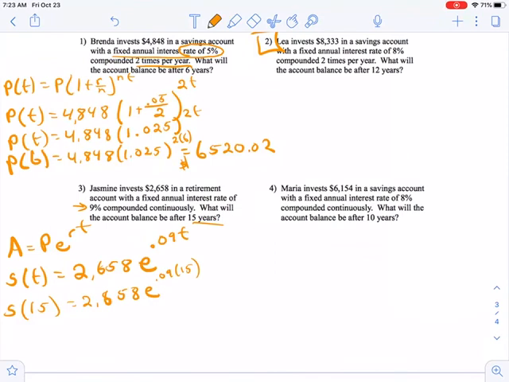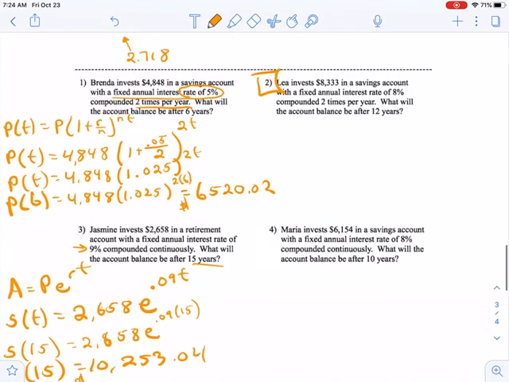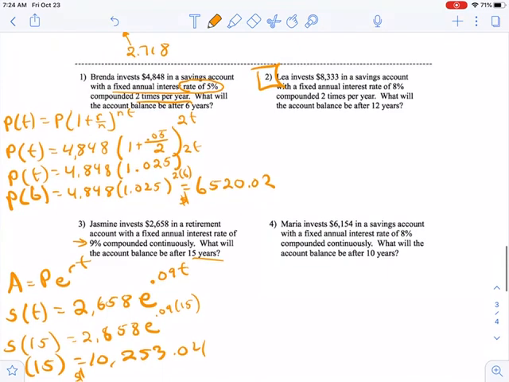Again, treat E like 2.718 if you don't know where that button is on your calculator. It's hard to explain it verbally because we've all got different calculators. But our savings after 15 years in this case is $10,253.04.